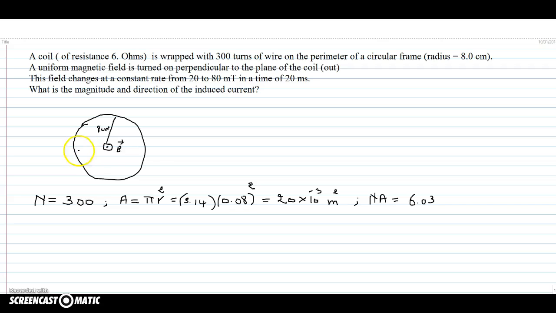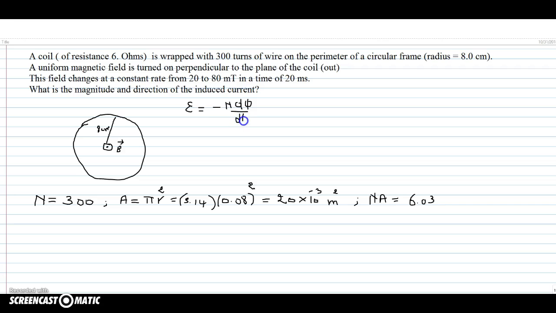So now, what we know is Faraday's law: whenever the flux changes, there will be an EMF, a voltage. And if you know the voltage and R, then you can figure out the current induced in the circuit. So here is Faraday. It's telling you the voltage, because the change in the flux is minus N d phi dt.